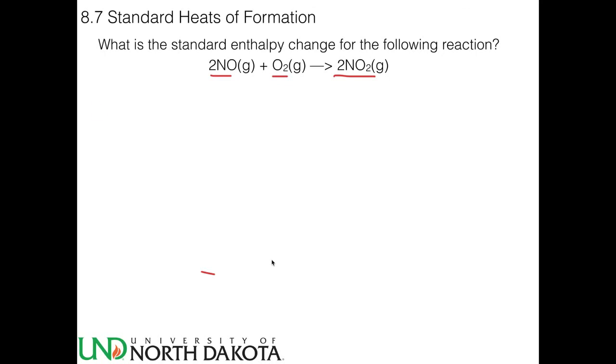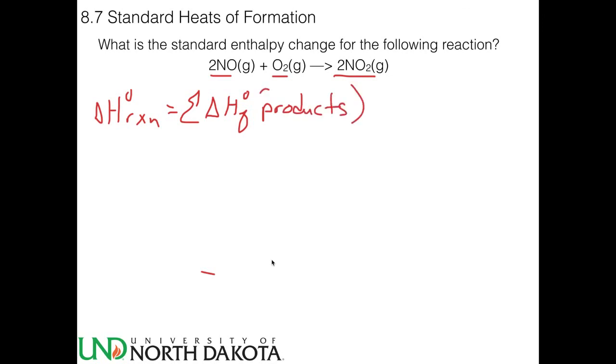We know that the delta H naught sub reaction, so the standard enthalpy change for the reaction, equals the sum of the delta H naught sub F, the standard enthalpies of formation of the products, minus the sum of the change in standard enthalpies of formation of the reactants.